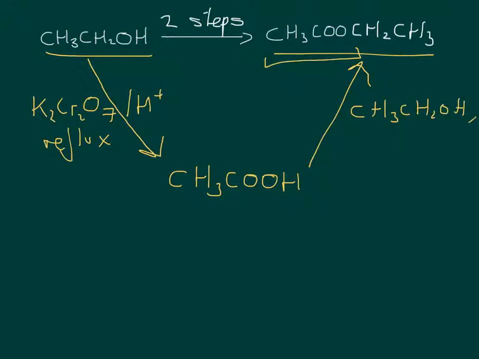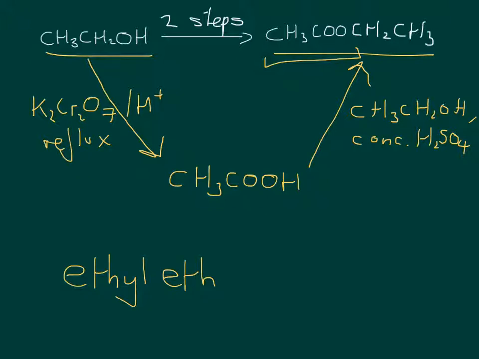And I also need to use concentrated sulfuric acid as a catalyst. And that would give me the ester. Get some bonus points to be able to name it. Of course, that ester is going to be called ethyl ethanoate. Okay, cool. Let's move on to the next one.